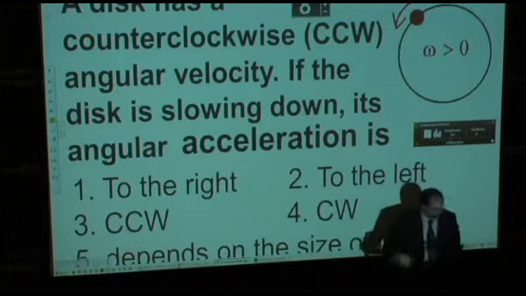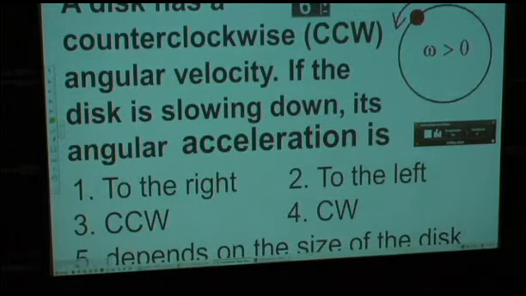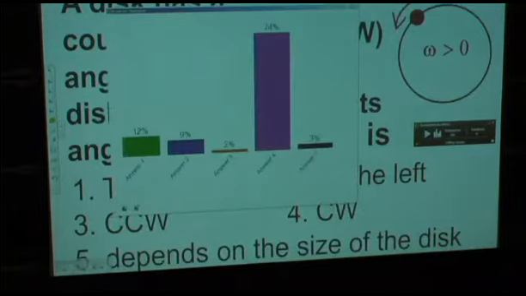So we give it a spin, and it's slowing down. That's it, that's what is happening. And the key word is slowing, yeah, slowing down.